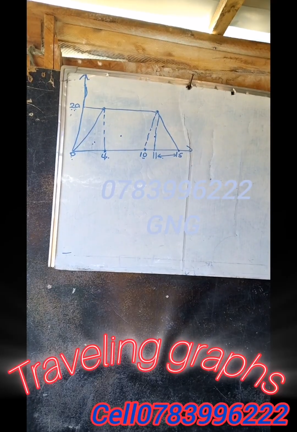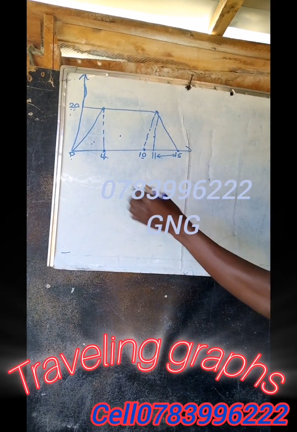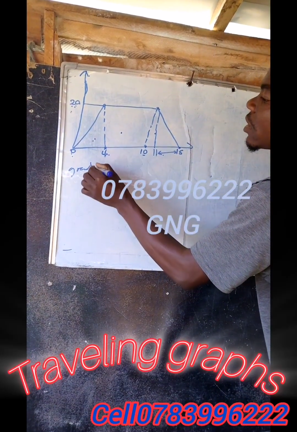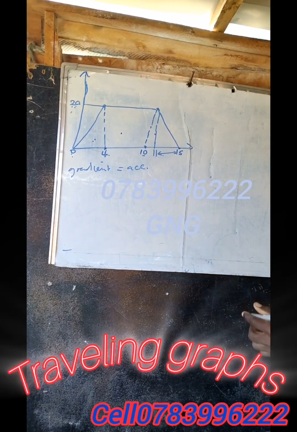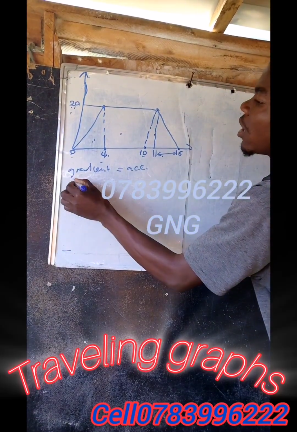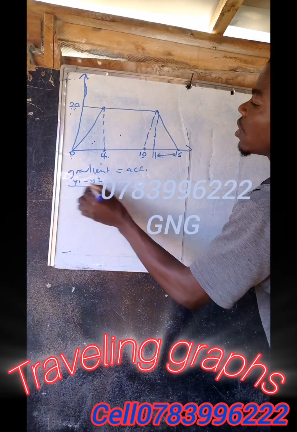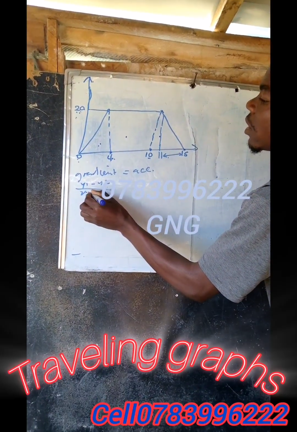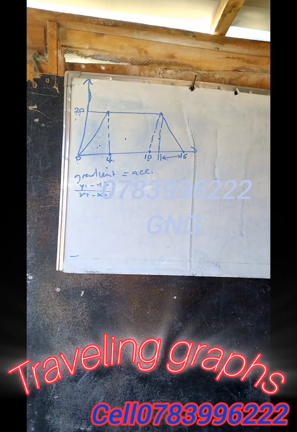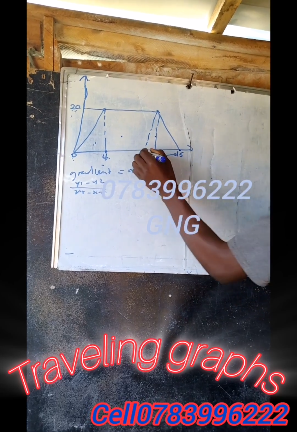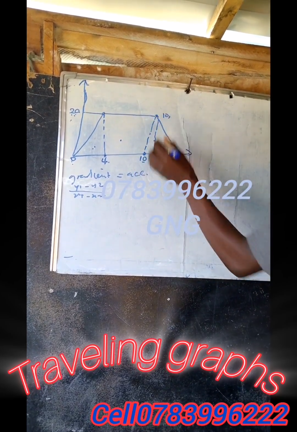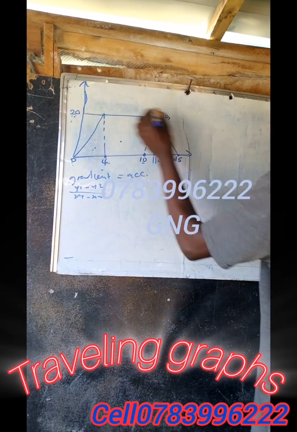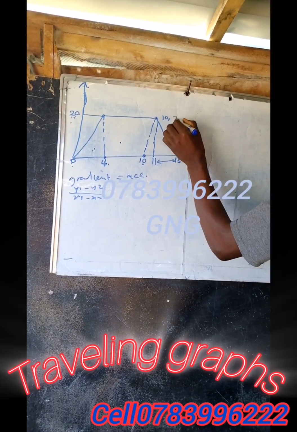The gradient is equal to acceleration. So what will be my gradient? The formula is y1 minus y2 over x1 minus x2. I'm going to pick coordinates. This is the x coordinate here, so x is 10, and when x is 10, y is 20.